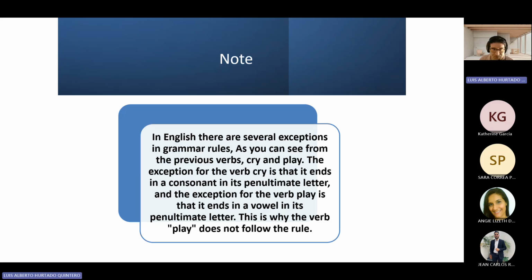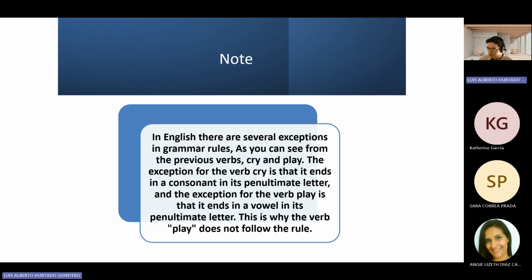Okay, now I am going to show you one specific note about the verbs that we are working with, which are cry and play. Maybe you are wondering why, if cry ends in the letter y, and play ends in the same letter, one of them does not follow the same pattern. In this case, the verb play follows the rule, ending in ed.